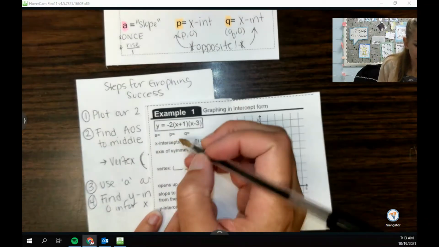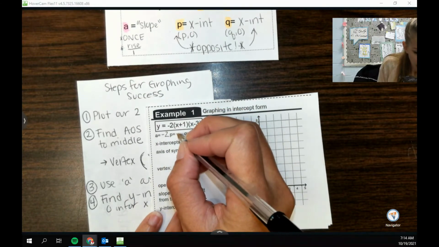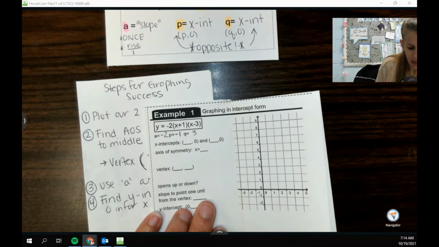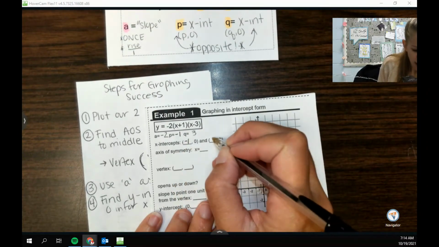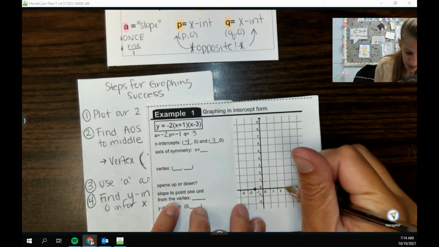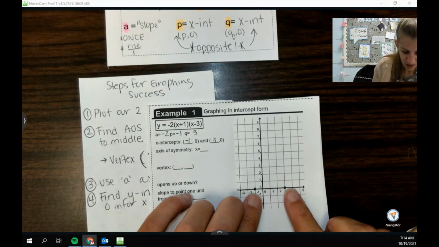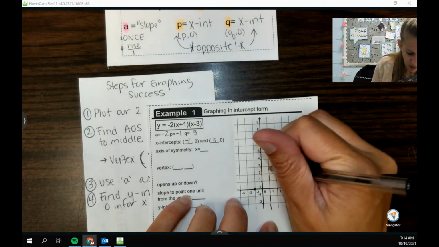And so we can go through and identify our A, P, and Q. Remember, when I take stuff out of parentheses, we have to make it opposite. That means my x-intercepts are -1 and +3. So we can plot those right now. Then we can just count to the middle, which is 1.